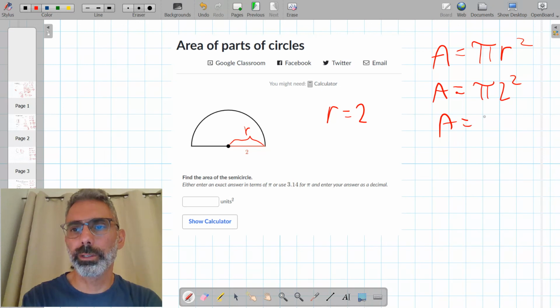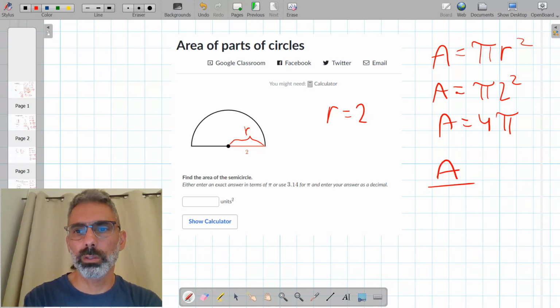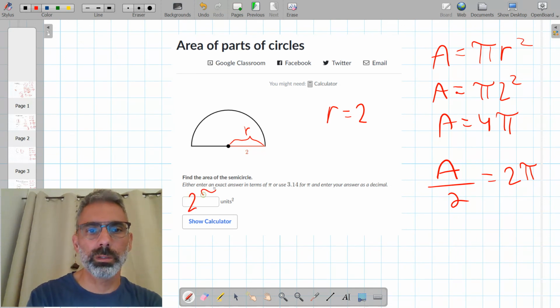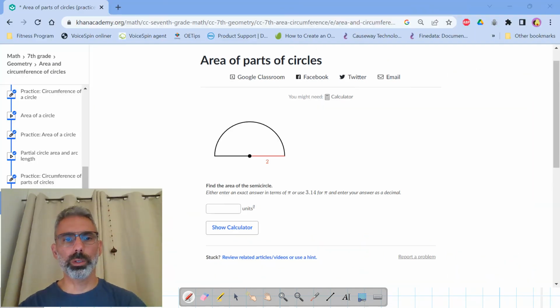So the entire area is 4 pi. And for a semicircle, we need to divide the entire area of the circle by 2 to get the area of the semicircle. So 4 pi divided by 2 is 2 pi. So the answer is 2 pi units squared.